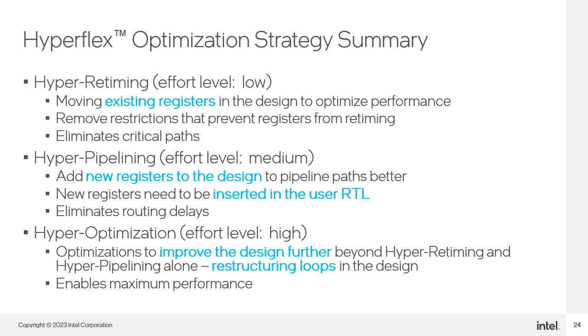Stage 3 is hyper-optimization. Hyper-optimization mostly involves loop management, or restructuring design loops to lessen or eliminate the negative impact they have on performance. Using hyper-optimization allows you to take your design performance beyond the effects of hyper-retiming and hyper-pipelining alone.